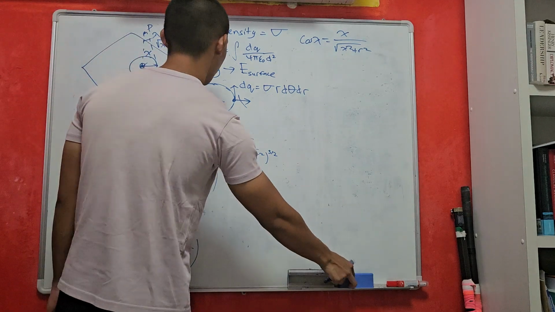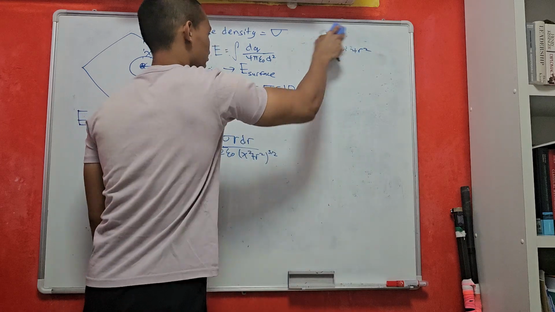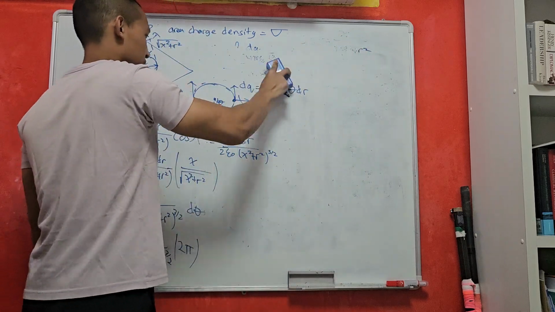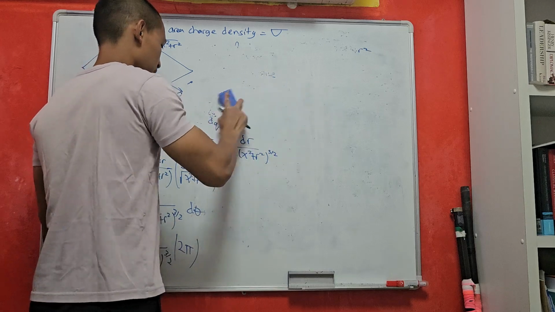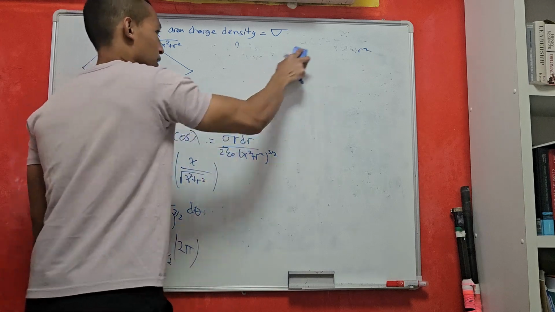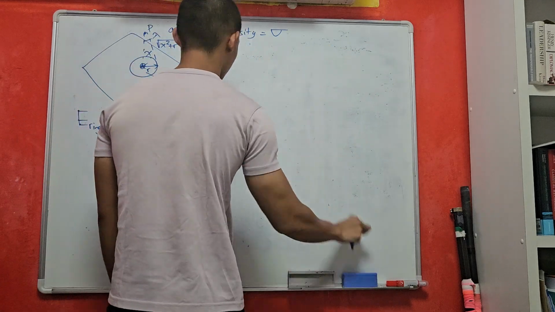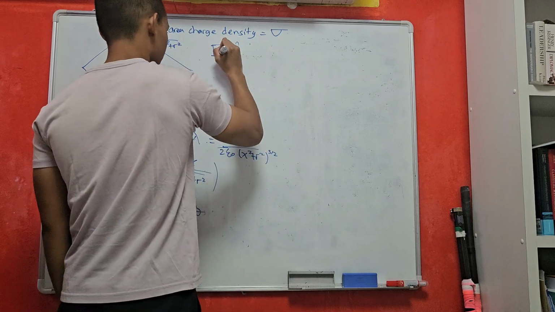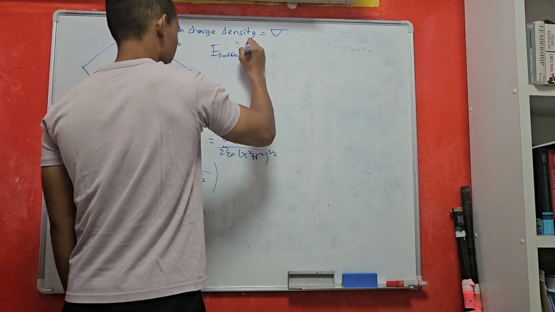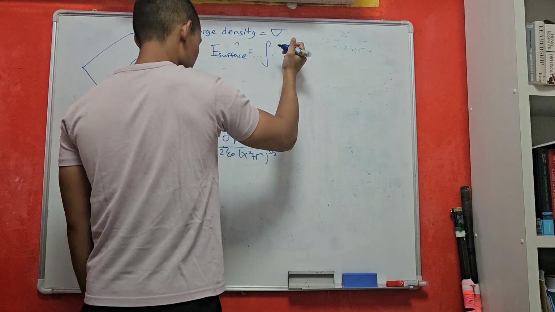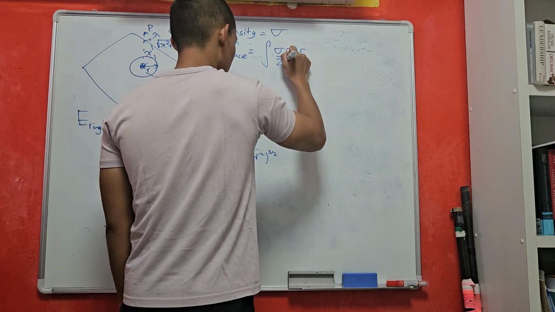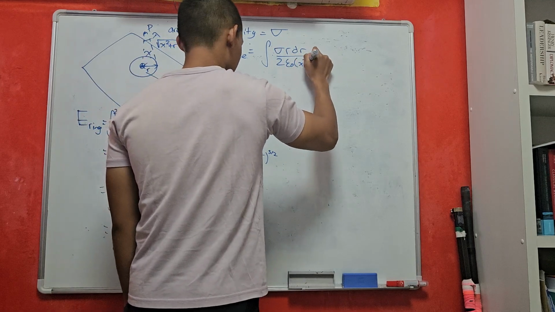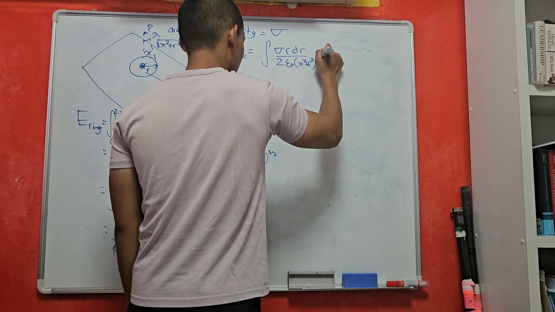So now we're just going to find the electric field due to the whole surface, which is actually quite simple. So I'm going to erase all of this. So the electric field due to the surface is then just the integral of this whole thing, sigma r dr over 2 epsilon naught times x squared plus r squared to the 3 over 2.